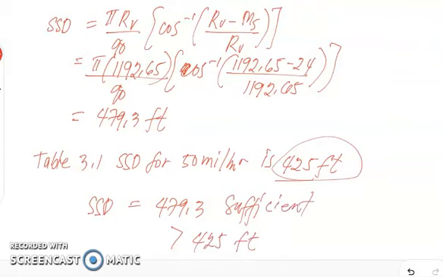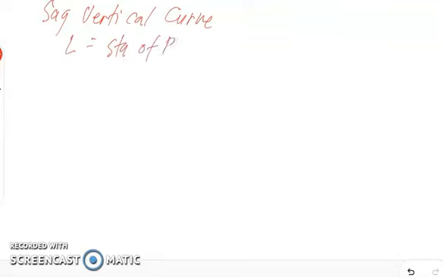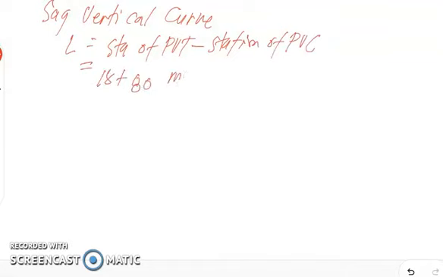So turning to the sag vertical curve, for the length of the curve, we have the length of the curve equal to the station of PVT minus station of PVC, and this will be equal to 18 plus 80 minus our 14 plus 00.